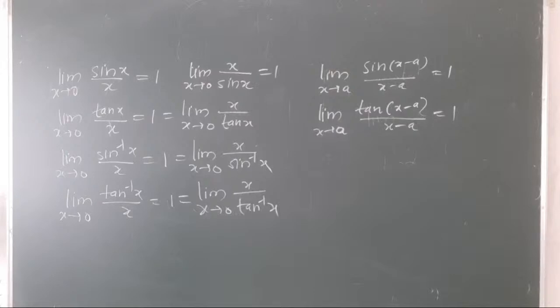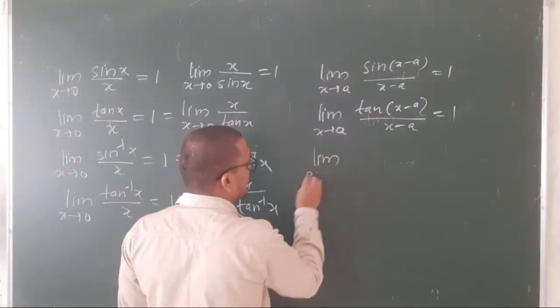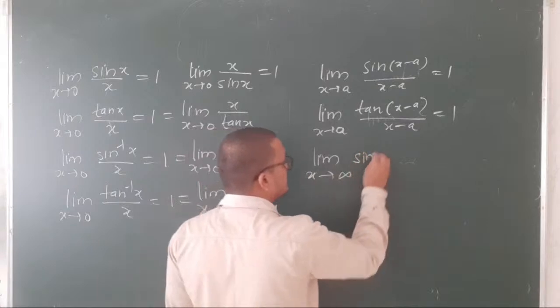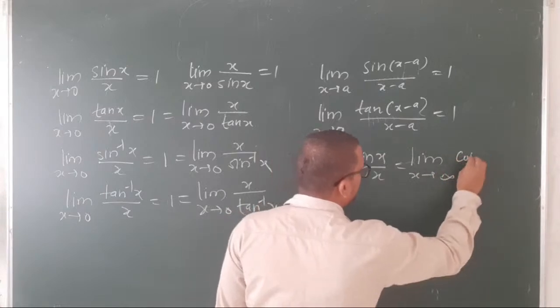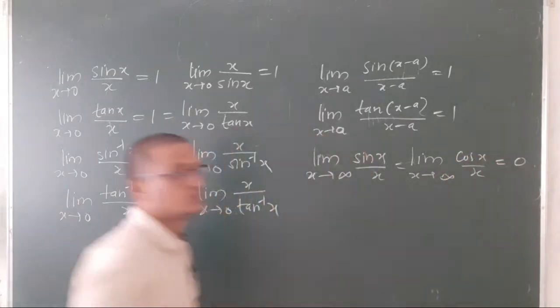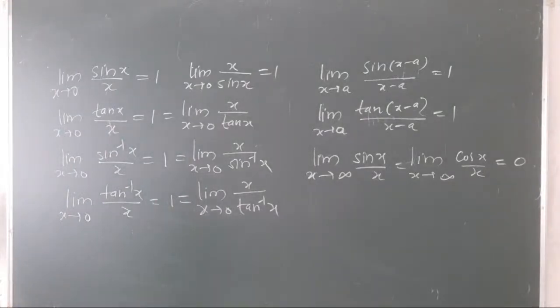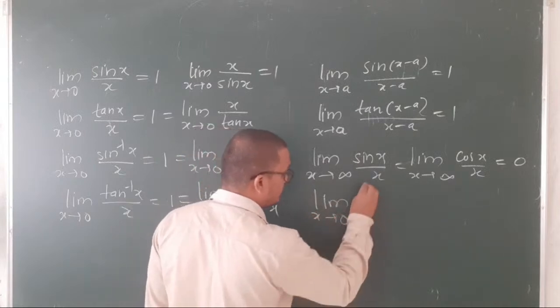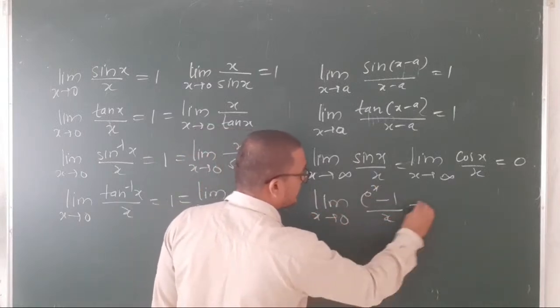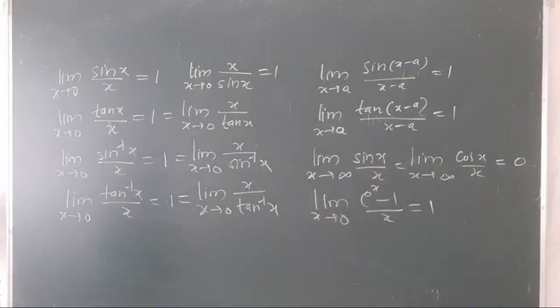Next, limit x tends to infinity, sin x upon x is equals to limit x tends to infinity, cos x upon x is equals to 0. Again, limit x tends to 0, e to the power x minus 1 upon x is also equals to 1.